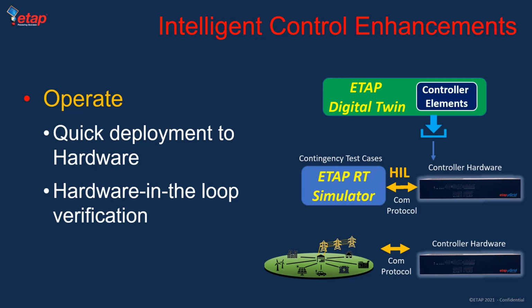We provide you with an interface with different communication protocols that will allow you to communicate to the controller and perform the same studies that you performed during your simulation, but with the actual hardware. This will allow you to best test the response time and also make sure that the right digital twin has been loaded into your hardware. Once that is loaded, it goes into the final controller, and that controller can be implemented in the system.